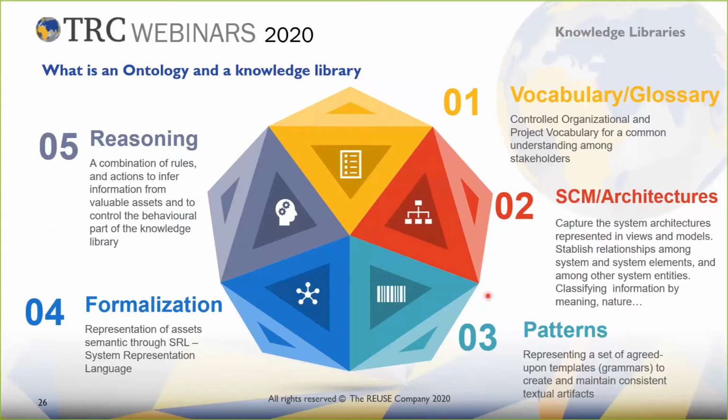Okay. Then we have the formalization. The formalization is the representation of the assets' semantics, so SRL, System Representation Language, that is able to extract from the patterns the properties, the values, or the relationships from our textual documents.